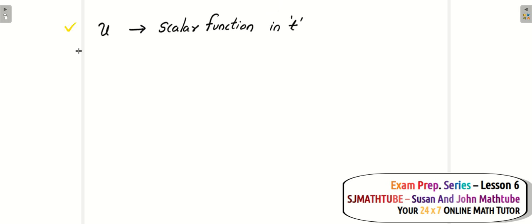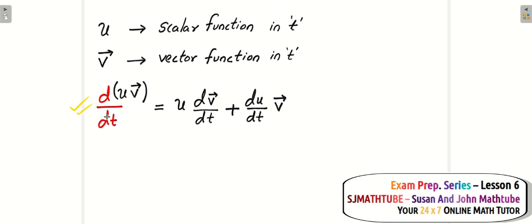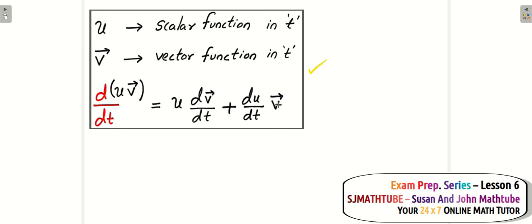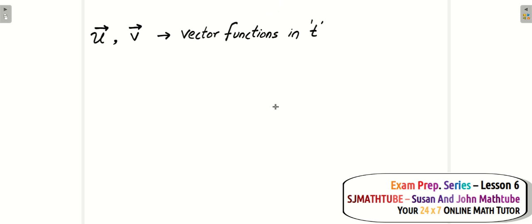Now one more very important thing. Suppose we have a scalar function and a vector function; you can note this formula for finding the derivative of this combination. And one more: suppose you have two vector functions.